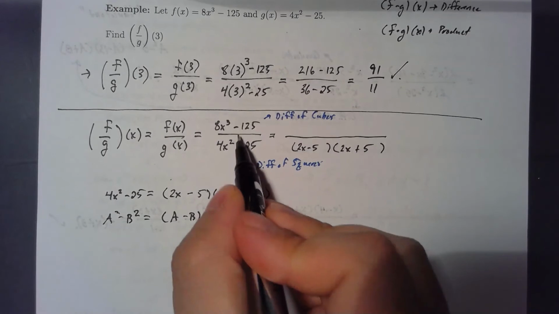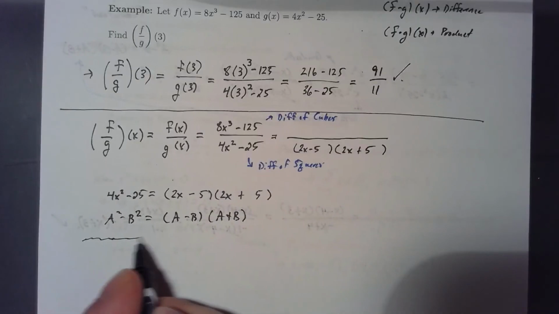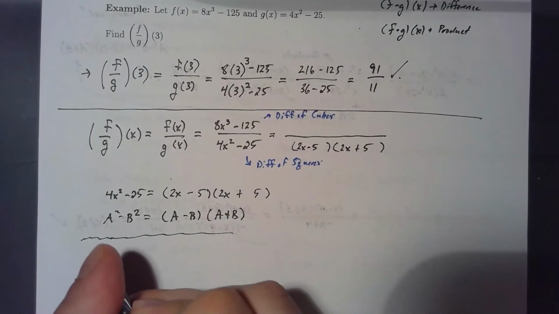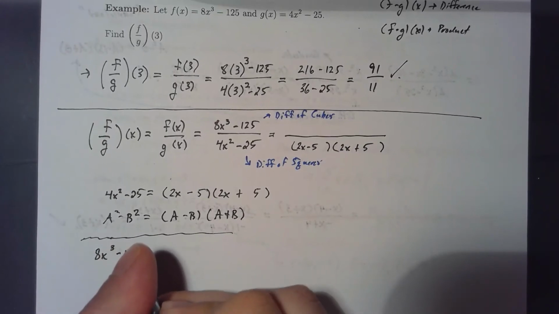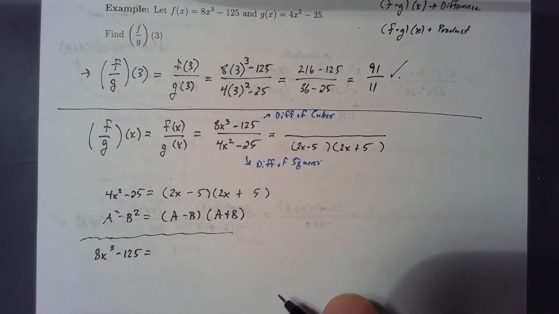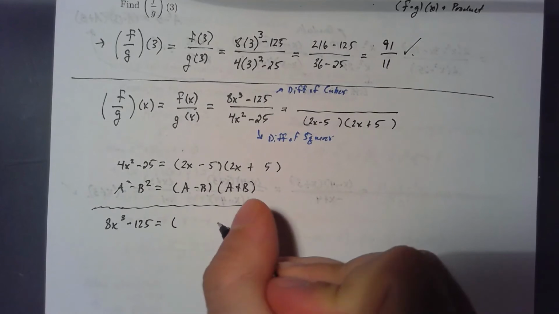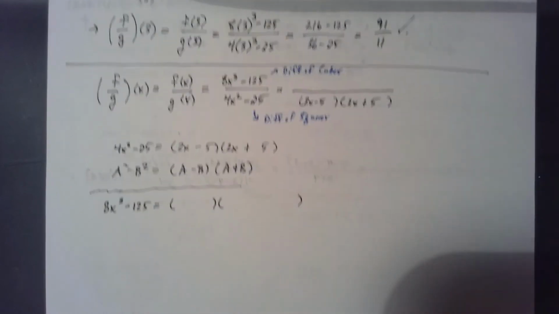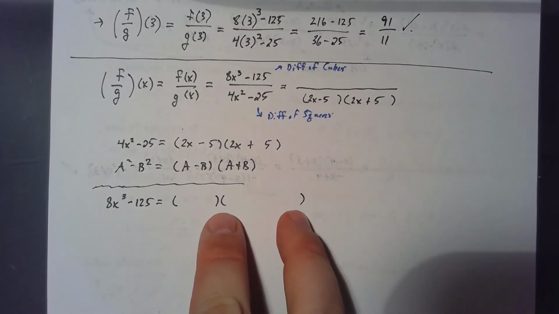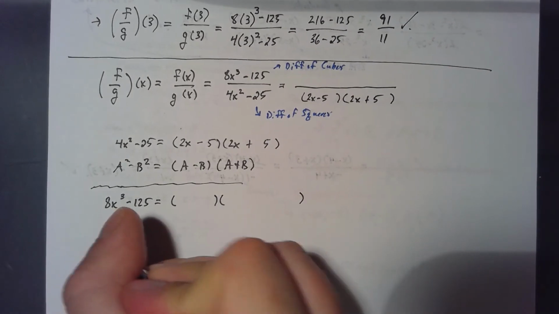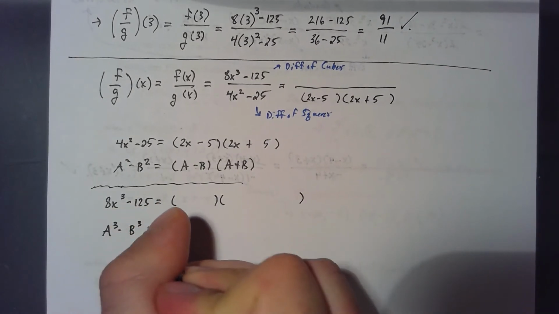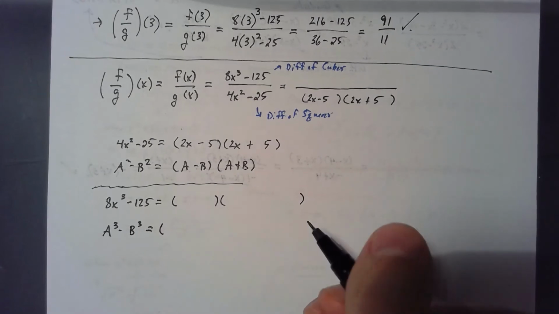Now what about the numerator? Now this is a difference of cubes. You might forget what this factors to, but it factors to a binomial and a quadratic. Remember the difference of cubes formula for factoring? So if you look in your notes, it's there.